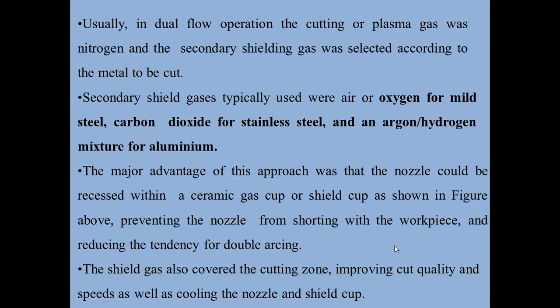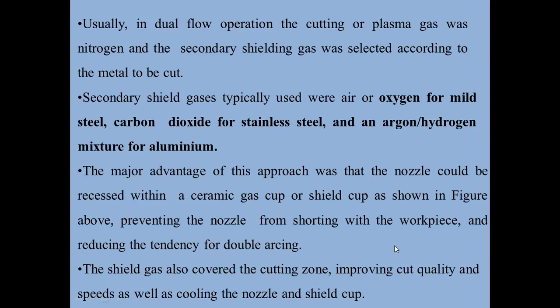So we have two gases: one plasma gas for cutting, which will always be nitrogen, and the secondary shielding gas based on the type of material that we are going to machine. For mild steels and steel materials, oxygen, air, carbon dioxide are applied as shield gases. Coming to aluminum and allied materials, argon and hydrogen are applied.